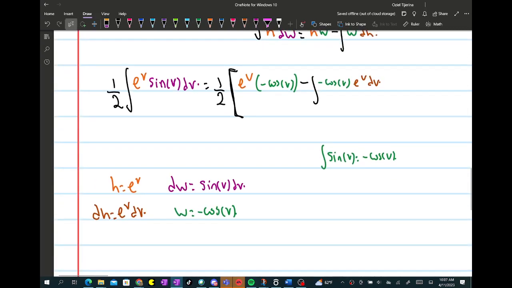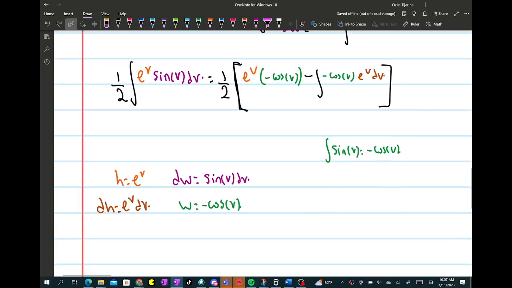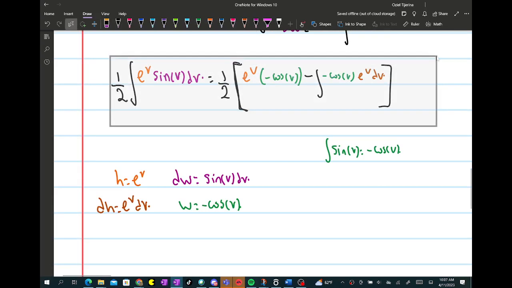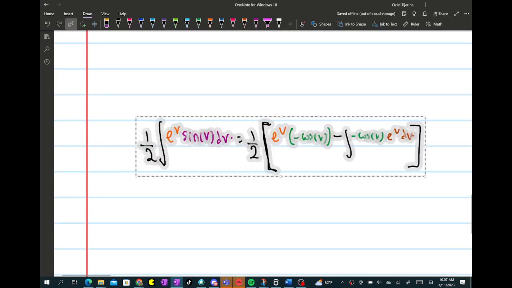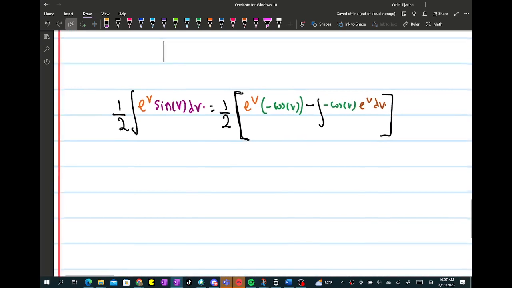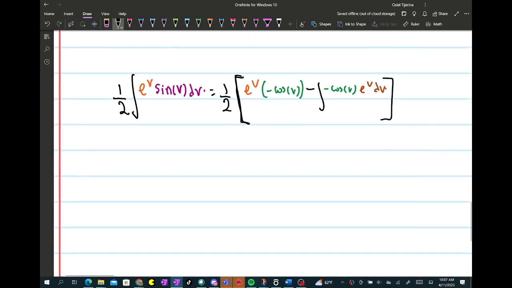So now we have something like this, and let me just copy and paste this so that we can see it more clearly. So this is what we have, and now I'm going to leave the 1/2 on the outside, but I'm going to simplify this.